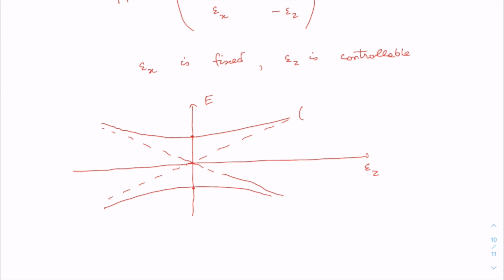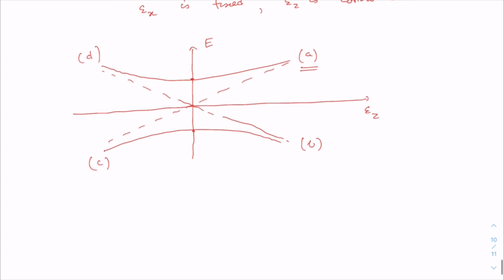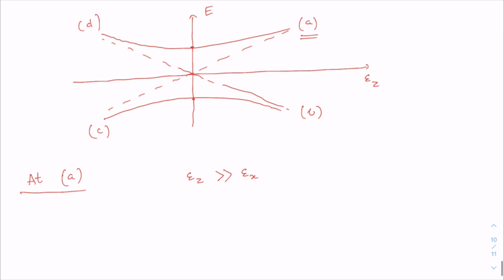That means at the point A, the point B here, the point C, and the point D. To do that, let me first show you how to get it at the point A. At A, in the asymptotic limit, ε_z is much greater than ε_x, and therefore I can take E to be nearly equal to ε_z.